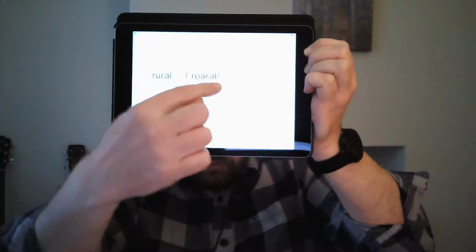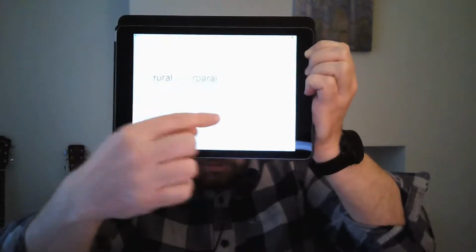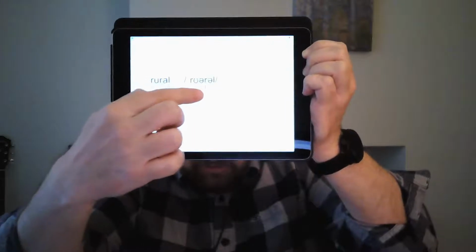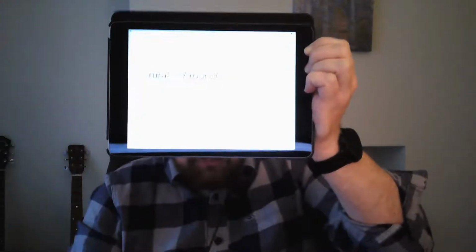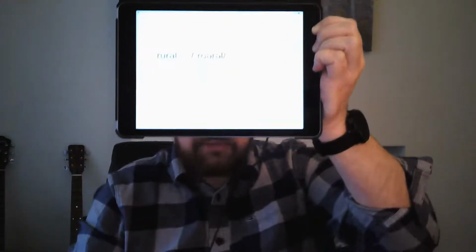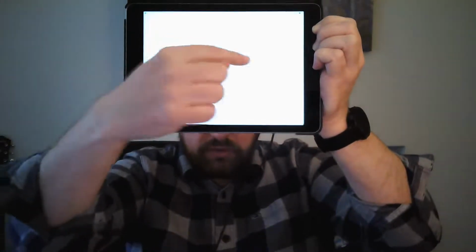So the first vowel sound is really the complicated part, and it's rural, rural. Yeah. So when we see it written like that, it's still a difficult word to say, but it makes it a little bit easier as well.